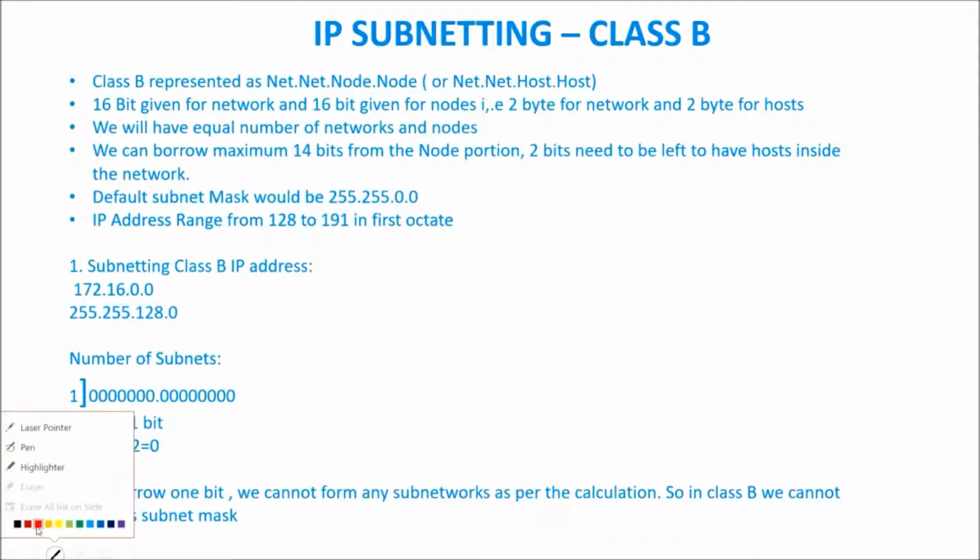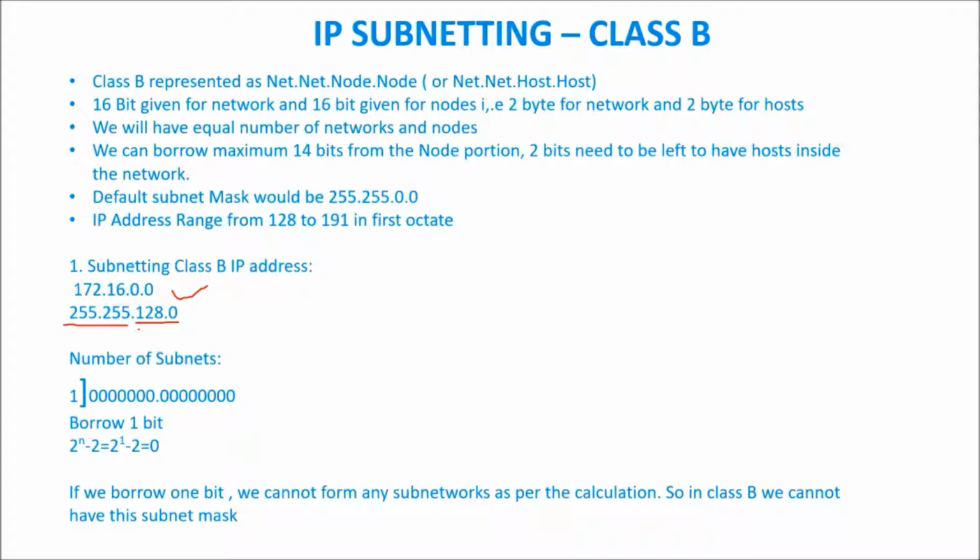So let me take a marker. They have given a class B address 172, and they have given a subnetted class B. Basically, if you see two 255s, blindly we can say it is a class B address because we know the default subnet mask. But once we get into the subnetting concept, there will be changes in the subnet mask.